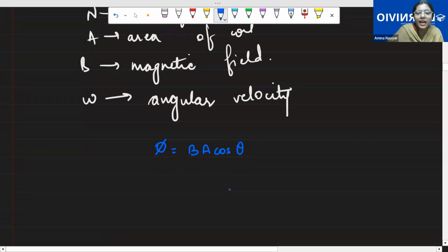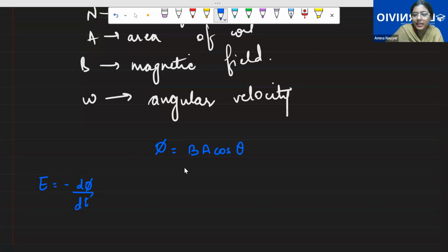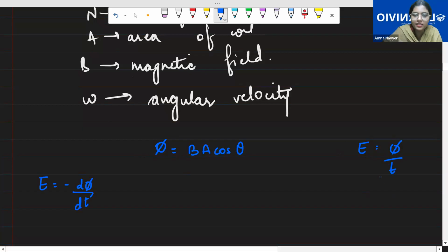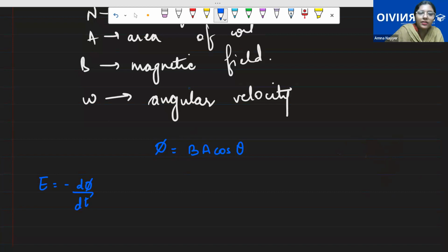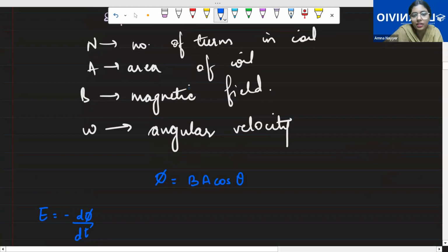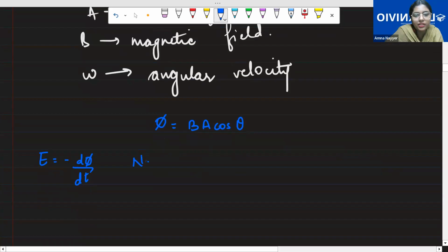So, when we have the EMF equation, it is minus d phi over dt, or in fact I can say EMF is simply flux divided by time. The minus sign is for Lenz's law, we already know. So EMF can be written as the whole flux divided by time. Now, if I put in the number of turns, n is the number.